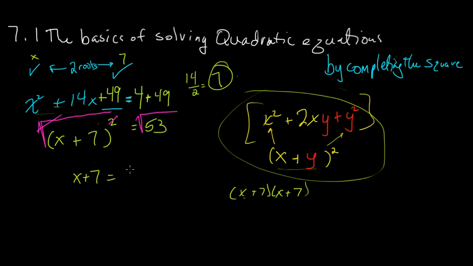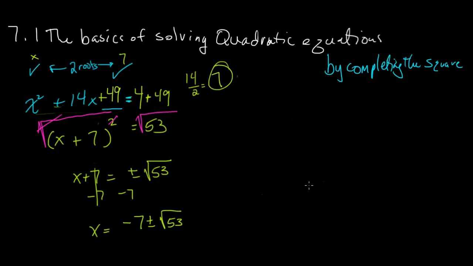On the right, I have the square root of 53, which I don't think is a rational number, so I'm going to have to leave it as the square root of 53, but it's plus or minus the square root of 53. And then to finish this equation, I need to get x by itself, so I'll subtract 7 from both sides, and these will cancel, and so x is equal to negative 7 plus or minus the square root of 53.